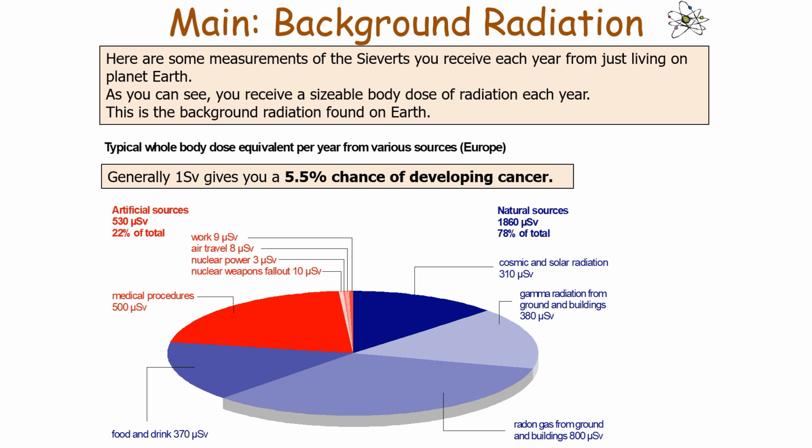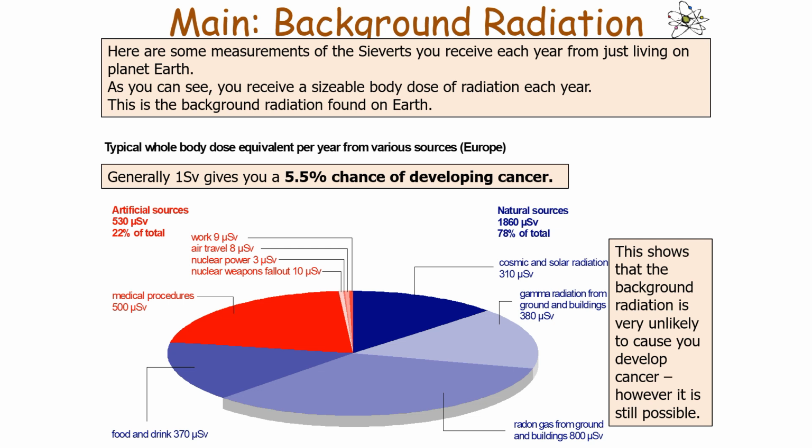Now generally, to help you understand this diagram, one sievert gives you a 5.5% chance of developing cancer. Now you can see by the values that we've got microsieverts and millisieverts that the background radiation is very unlikely to cause you to develop cancer. However, because radiation is stochastic, it is still possible because there's no lower safe limit.